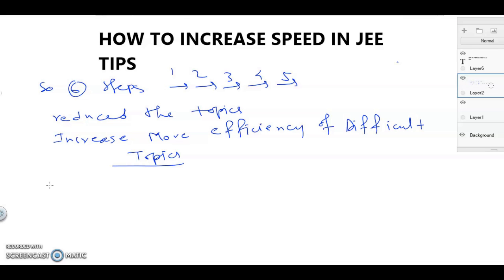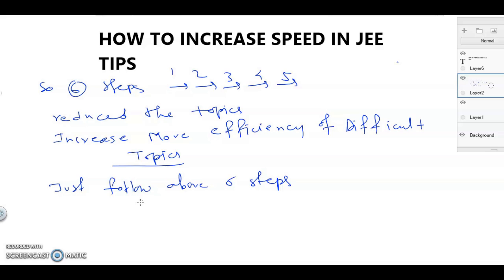Follow these six steps and you will definitely see the result: your speed in the joint entrance examination will increase.